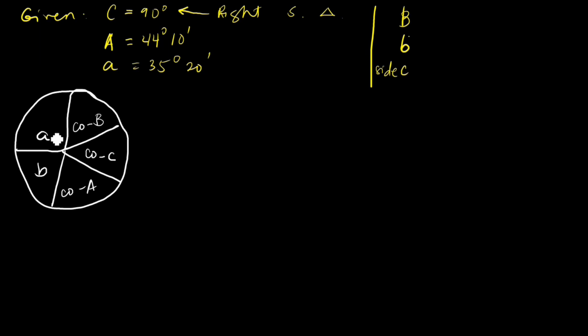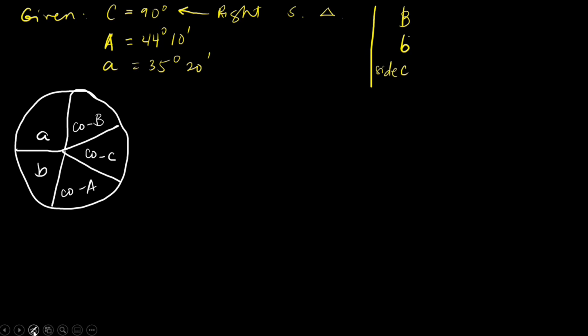So we do have BABA, the letters are written alternately. Then the complement of C is opposite sides A and B. So therefore our circle is correct.